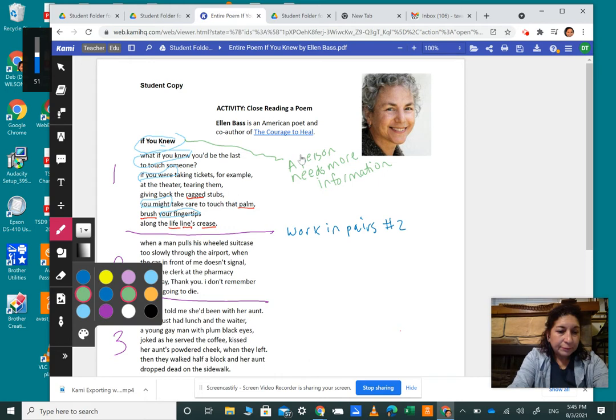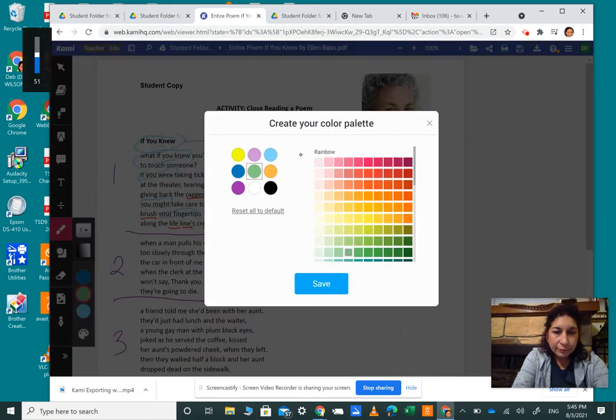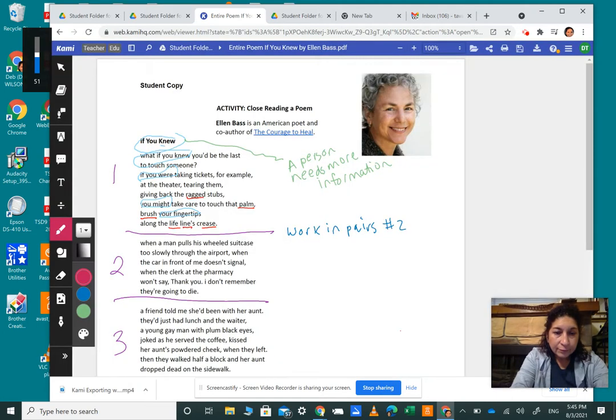Now in red, I'm going to go ahead and get red. I highlight or underline those words that I may know, or think I know, but I'm wondering why the writer is using that word, ragged.